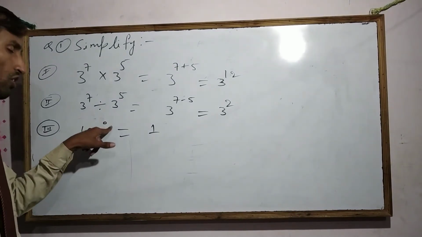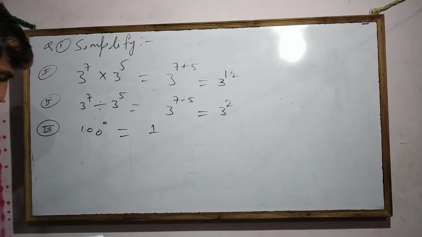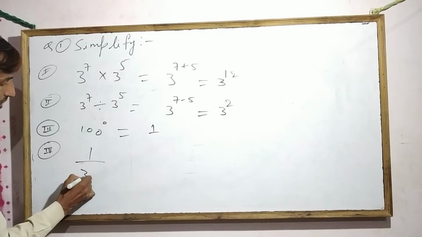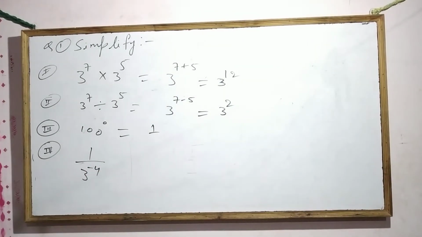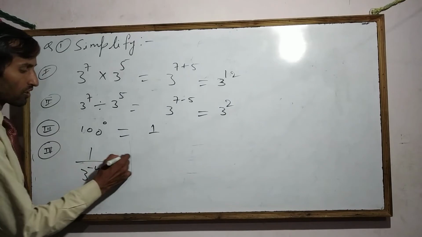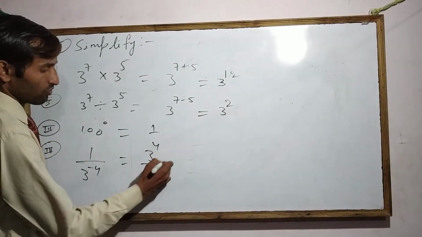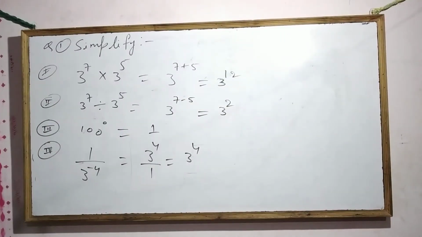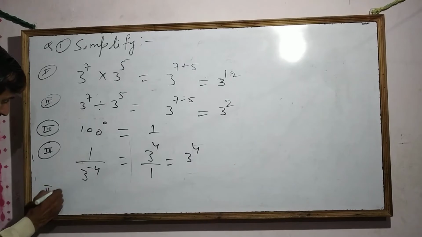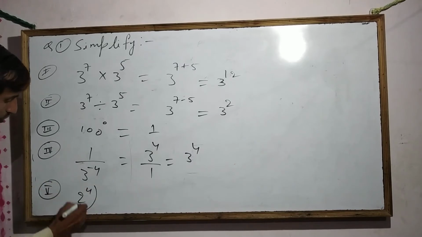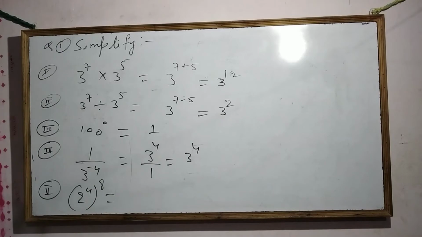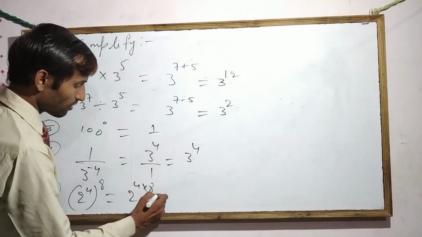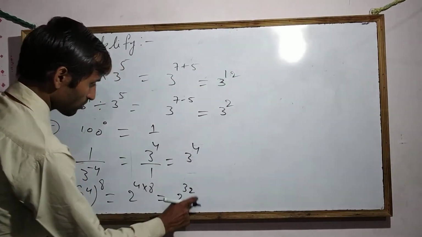Next, if the question is 1 upon 3^(-4), we convert to positive power by taking the reciprocal, so 3^4 upon 1. The final answer is 3^4, with positive power. If the question is (2^4) whole power 8, both powers multiply, 2^(4 times 8), which will come as 2^32. This is the answer.